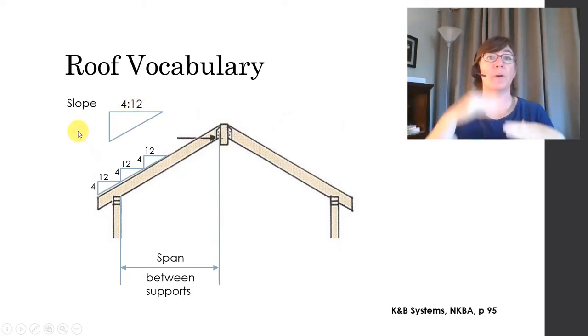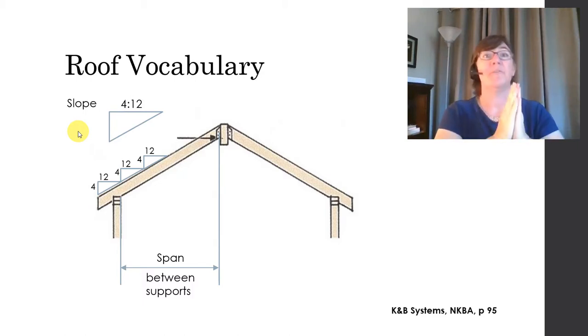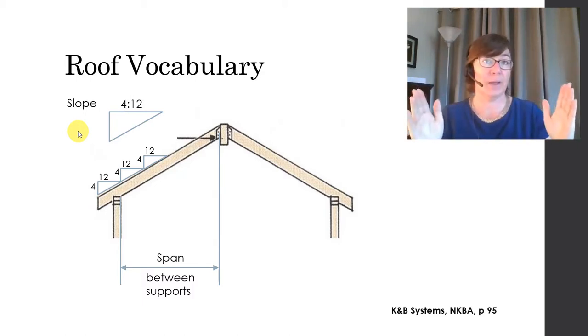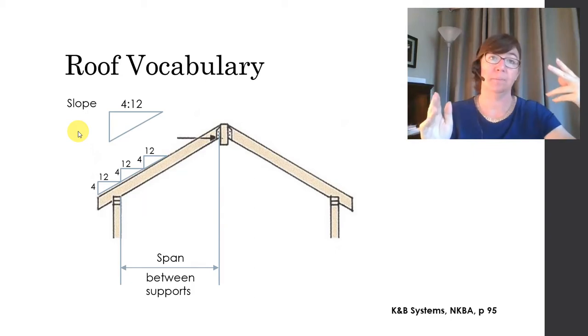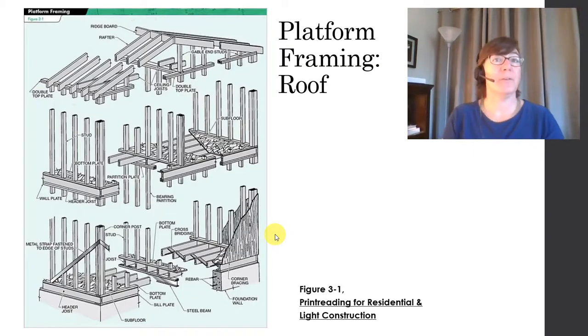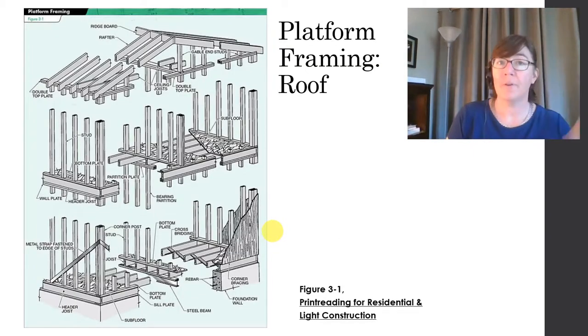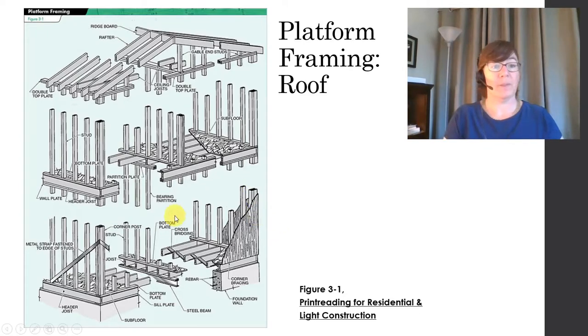For every 12 inches of run, there's 4 inches of rise. So coming back to this overview illustration of platform framing, we have talked about the foundation, we've talked about the floor, we've talked about the walls, and now we are up here in the roof.